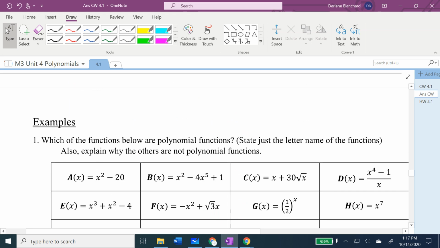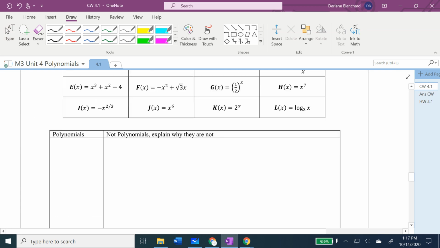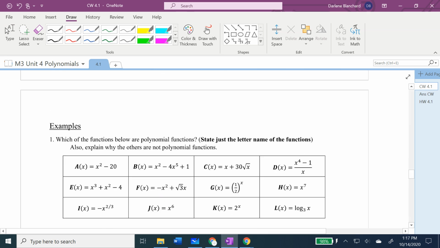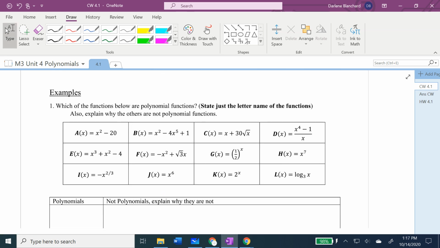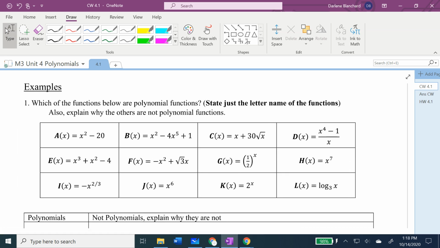Now we've got examples. I'm going to go where you can't see the answers. Whoa, stop. Okay. Now, you need to figure out which ones are polynomials and which ones are not.